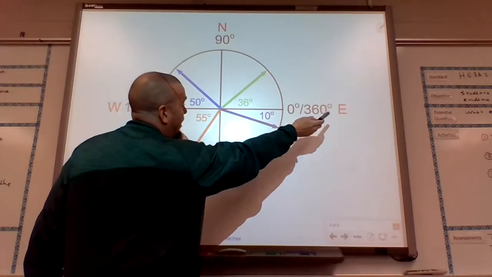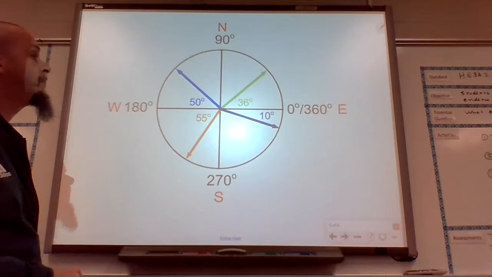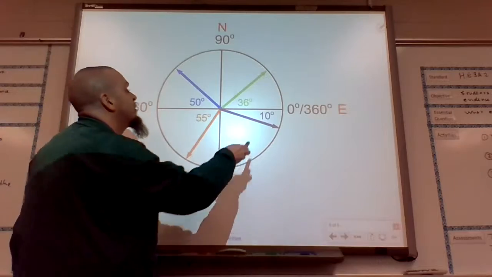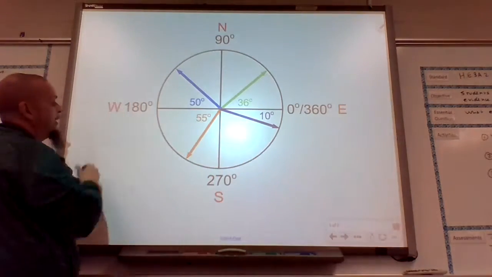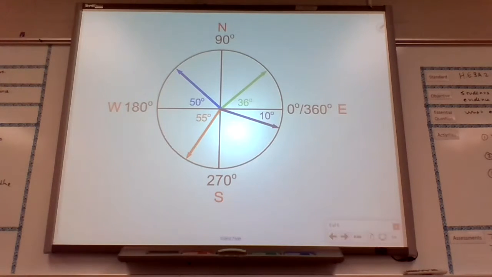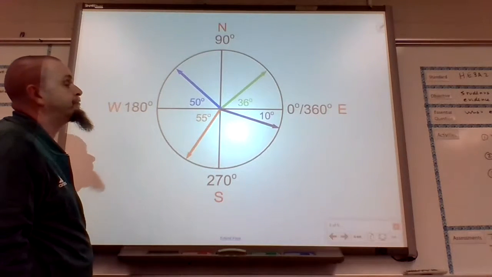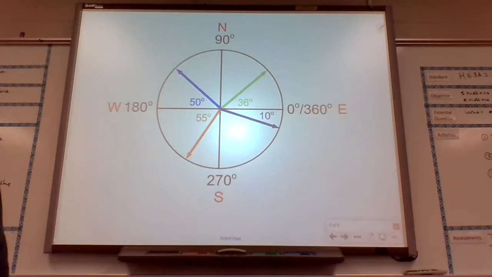Over here on the right side, east is 0 or 360, either one. 0 if you're just starting, 360 if you're finishing. North would be 90, west would be 180, and south would be 270, adding 90 degrees each time because each of these black lines is a 90-degree angle. The angle that we would use for our answer depends entirely on what angle we have and what quadrant we're in.